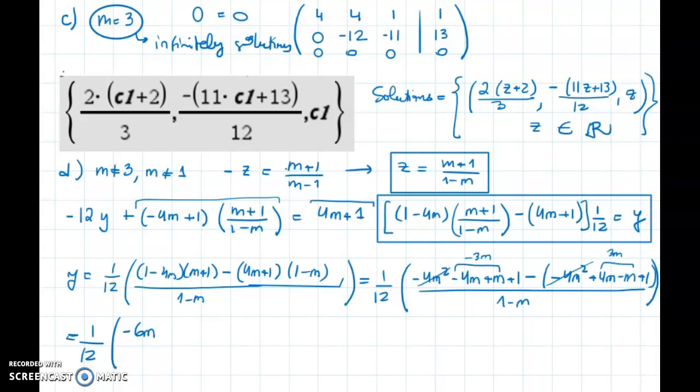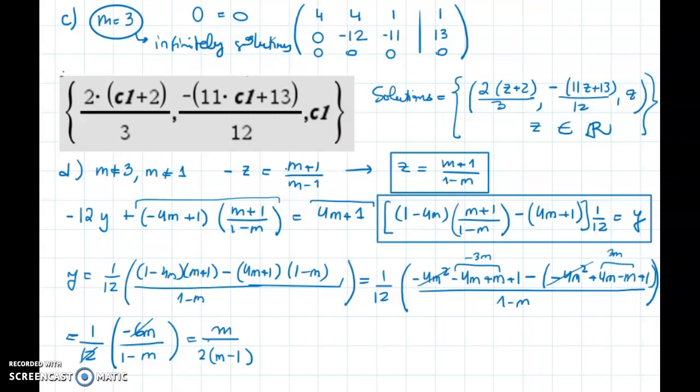It's kind of nice. So over 1 minus m, I can cancel the 6 and I also can change the sign, so I will write m over 2 times m minus 1. Oof, yeah, that's way nicer.